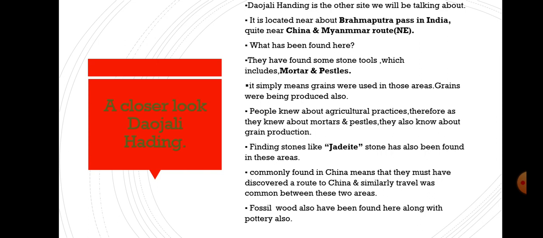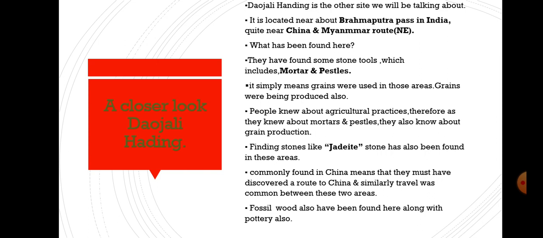It is a type of stone that is commonly found in China. That also means that people from Daojali Hading were going to China to get those stones, or they knew the route to China, and similarly travel was common between these two areas.